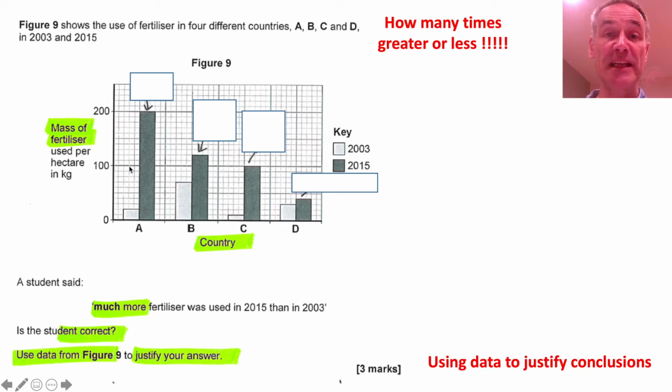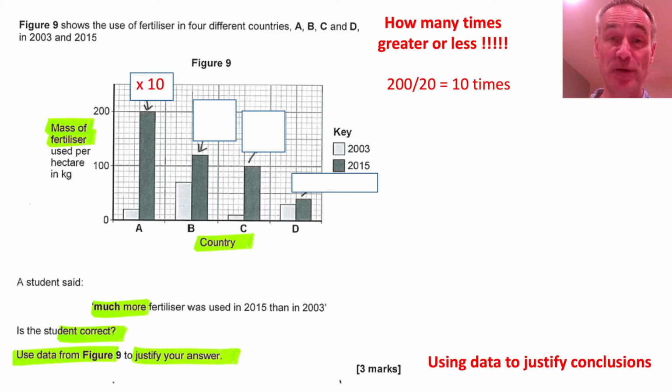Now again, think about how many times greater or less. So if we look at country A, 200, and first of all, it only used 20. So how many times more is that? Well, 200 divided by 20 is 10 times more. So that's a massive difference.